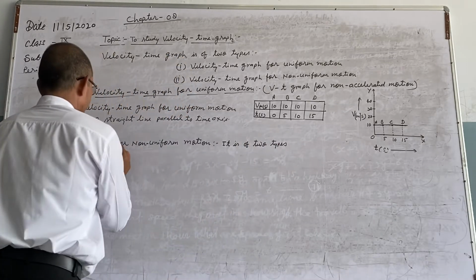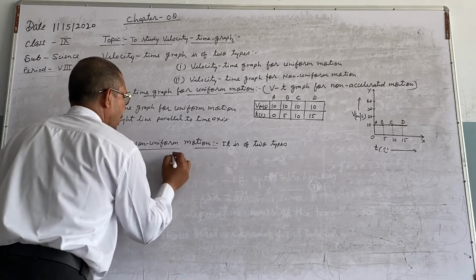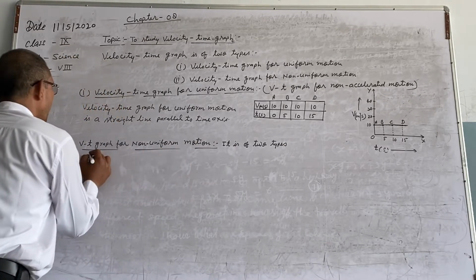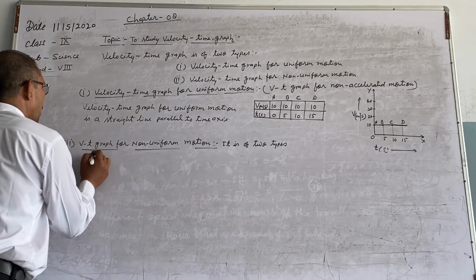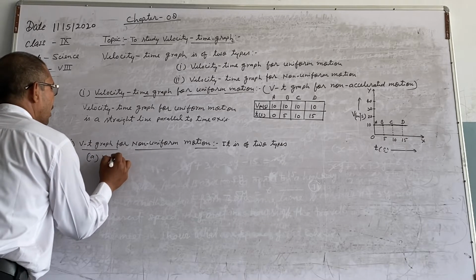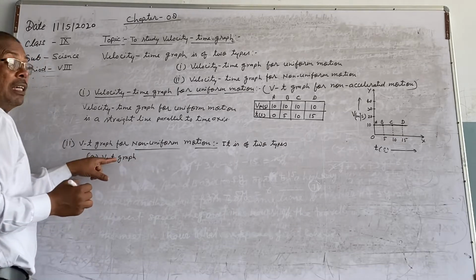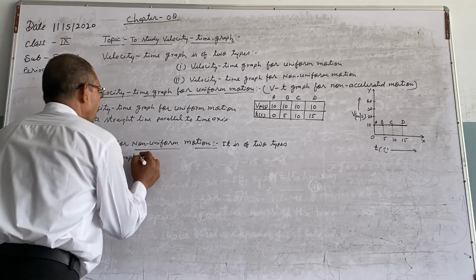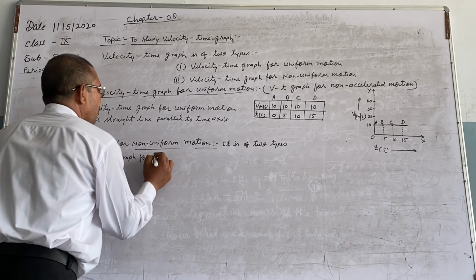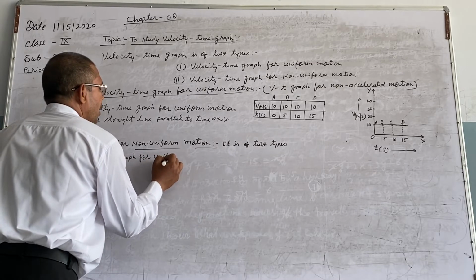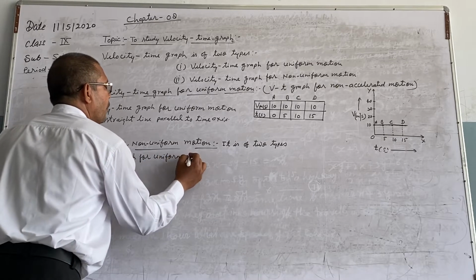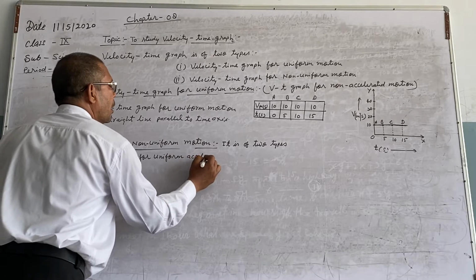First thing, a VT graph. VT means what? Velocity time graph for uniform acceleration.